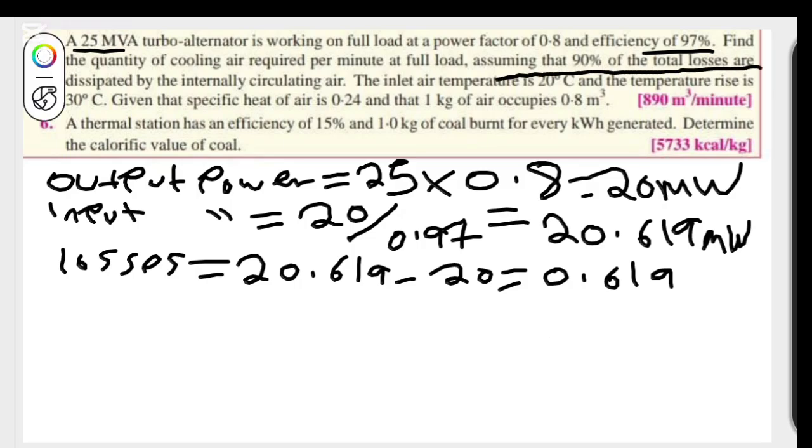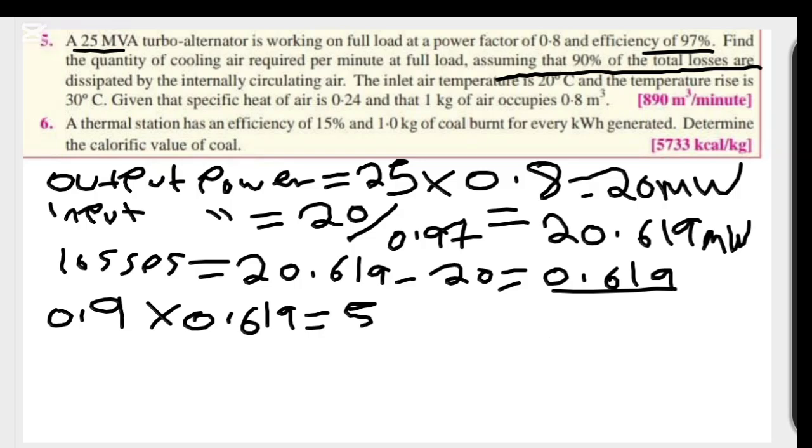So then, assuming that the 90% of the total losses, I have to say the 90% of total losses dissipated by air is the same thing as this. This 90% will now be 0.9 multiplied by 0.619, and it is the same thing as 557.1 kilowatt. So the next thing is the heat to be removed per minute.